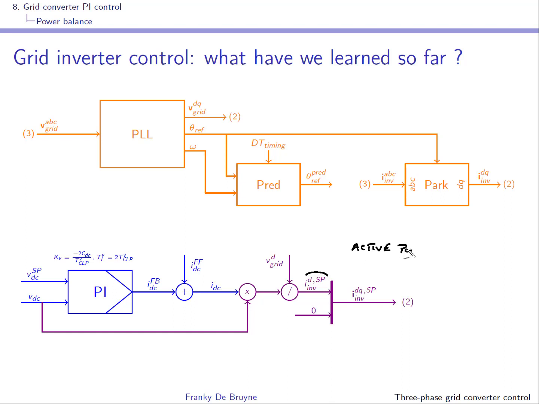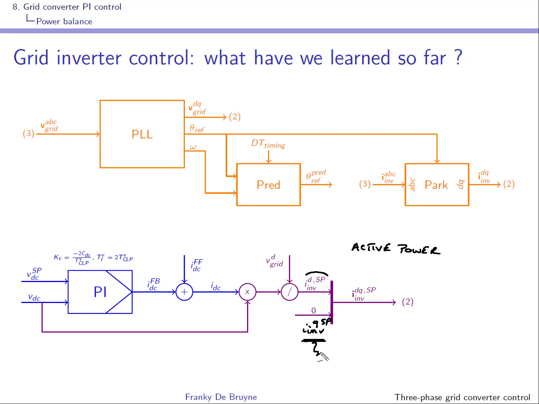This means that to control the DC bus we are exchanging active power. There is also here an E inverter Q component, which I've set to 0. I advise you to make a variable out of it in your simulation so that you can change it. This current set point will ensure that there is current that is 90 degrees out of phase with the grid voltage.